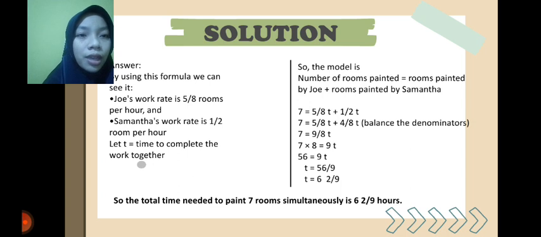So we move 8 to the left side. So 7 times 8 equals 9t. 56 equals 9t. So t is 56/9, or t is 6 and 2/9. So the total time needed to paint 7 rooms simultaneously is 6 and 2/9 hours.